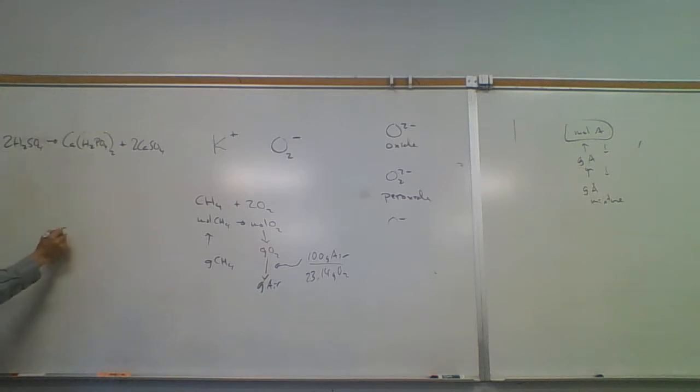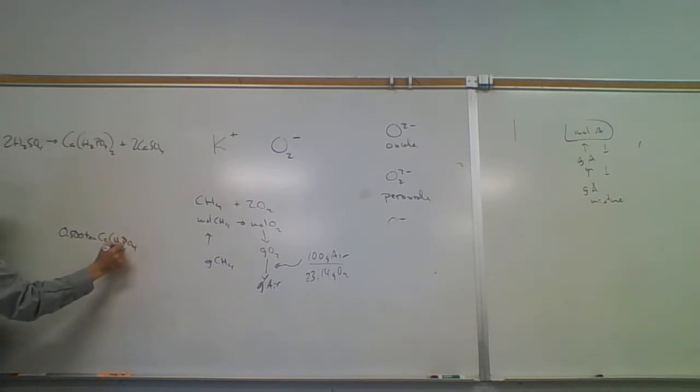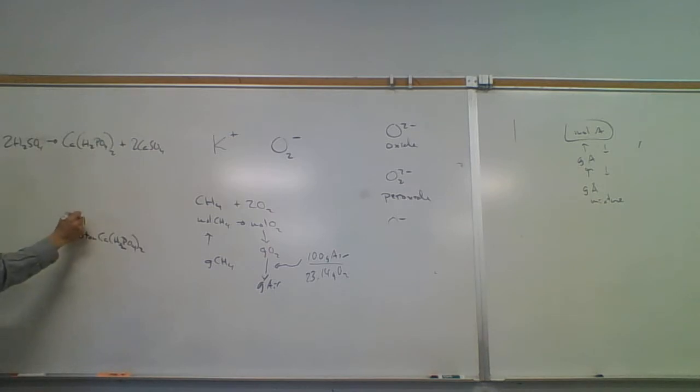And so we're starting off with 0.500 tons of calcium dihydrogen phosphate. And then we'll go from tons to pounds using, you know, there are 2,000 pounds in a ton. And then pounds to grams. And then grams to moles. And so we'll get moles of calcium dihydrogen phosphate.